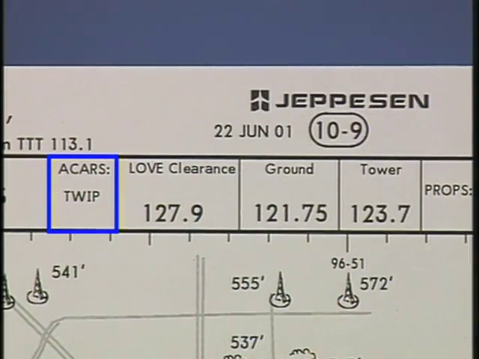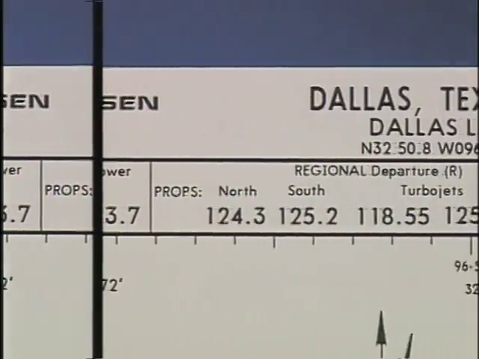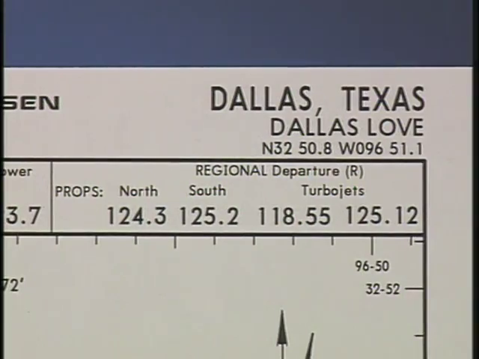Following this service are listings for clearance delivery, ground control, and tower frequencies. The last box in the communication row contains the regional departure frequencies. If an R is noted after the departure frequency, radar is available.